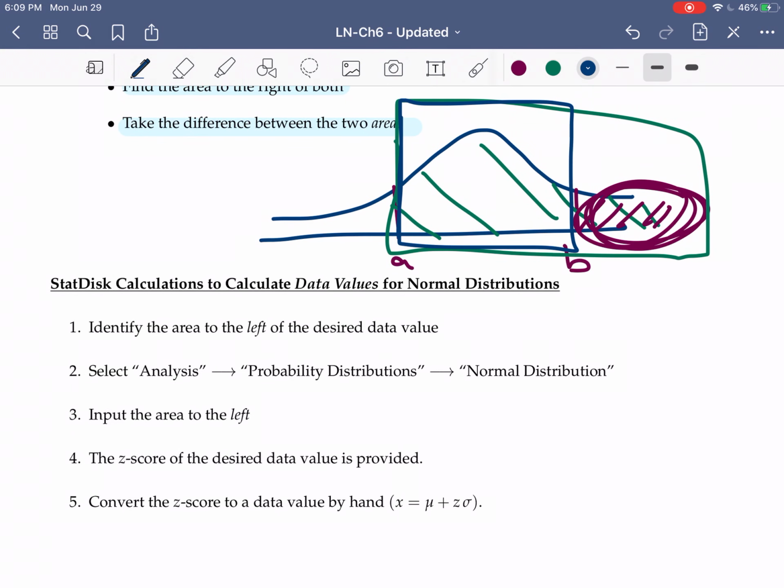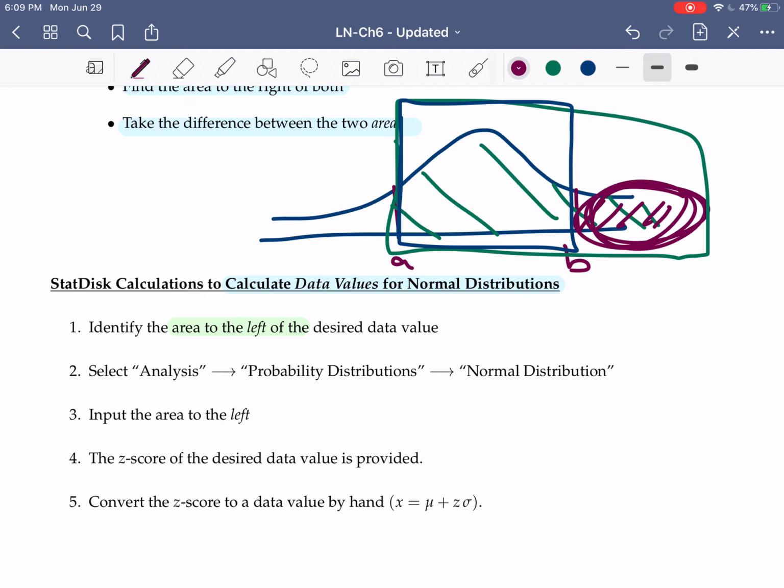If we want to calculate data values for normal distributions, so we know a probability and we want to find a data value associated with this normal distribution, we will first identify the area to the left. You might say, why do we need the area to the left? Could this be an area to the right? And no, it does have to be an area to the left if we are going to use StatDisk.